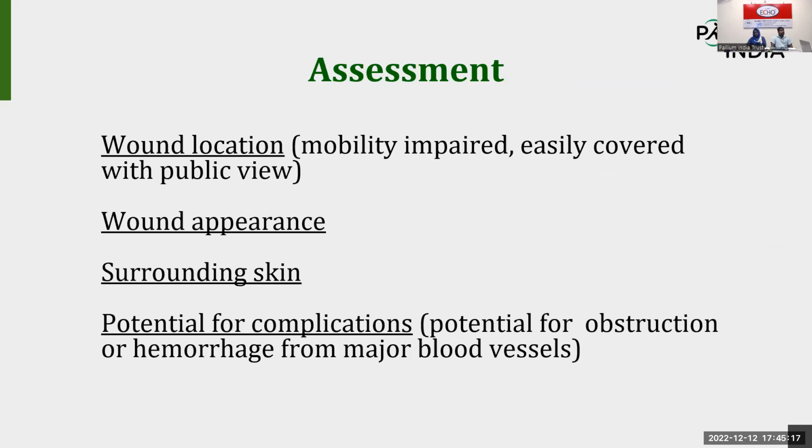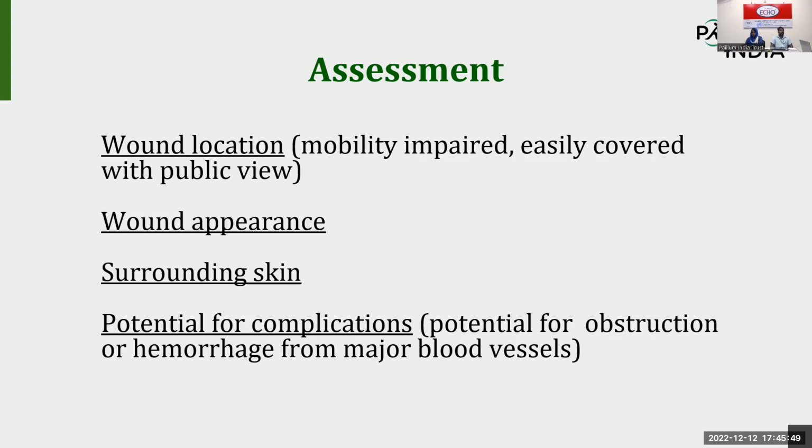Then for this wound, what are all the things we need to assess? First one, the wound location. We need to assess whether the mobility is impaired due to the wound, and whether proper covering of the wound is easy or not. Then the wound appearance and the surrounding skin of the wound also need to be assessed, because profuse exudate will irritate the surrounding skin.